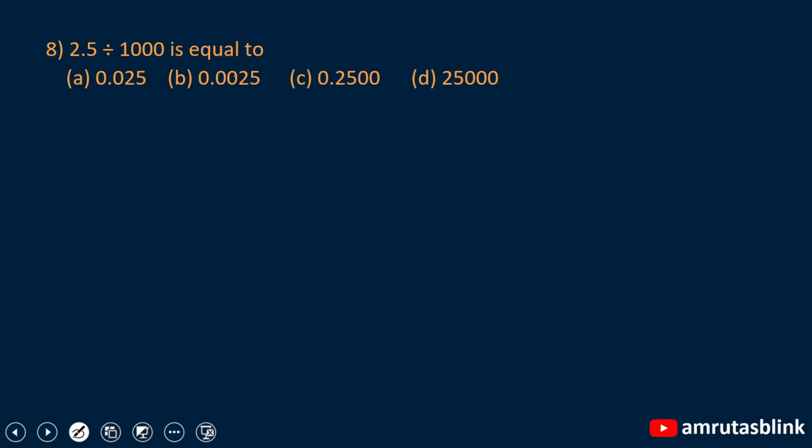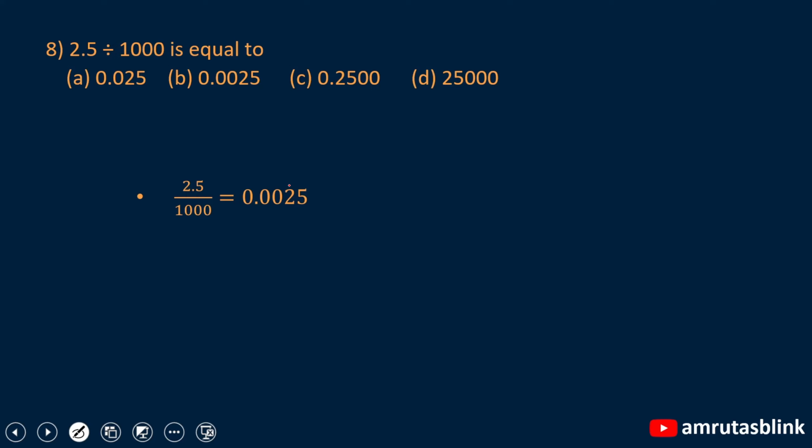2.5 divided by 1000. Now in 2.5 there is already a decimal point which is one place, and when we divide 2.5 by 1000, 1000 has 3 zeros, hence we need to shift the decimal point to the left side by 3 places.